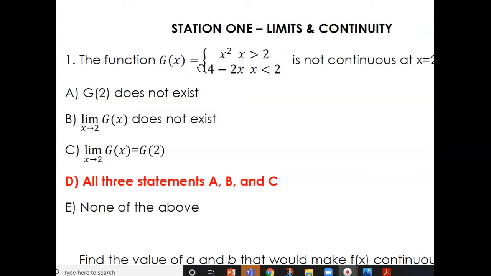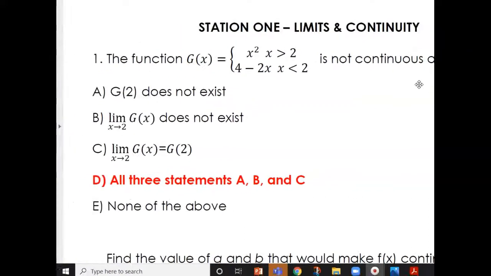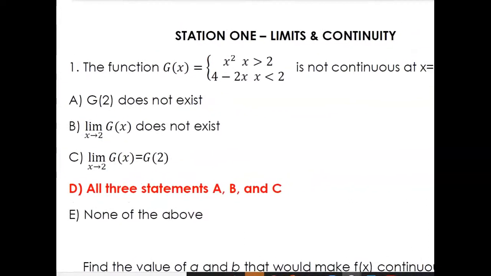So it says the function g of x is not continuous at x equals 2 because, and then you're supposed to pick the reasoning why. So, g of 2 does not exist. If I look at the domain of this, x is greater than 2, x is less than 2, neither of these have an equal to 2, therefore g of 2 does not exist. So statement A is true.